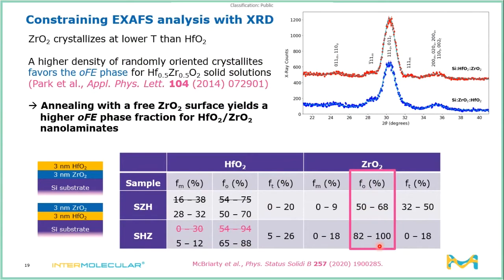So through this set of experiments and really understanding what's happening in each layer of the stack, we're able to see that annealing these samples with zirconium oxide on the top, basically as a free surface, yields a higher orthorhombic phase fraction and therefore a higher ferroelectric loop opening than when it's the other way around. And so you can see how this mechanistic insight really does influence the pragmatic, practical ways that we would build a device in order to boost the ferroelectric performance.